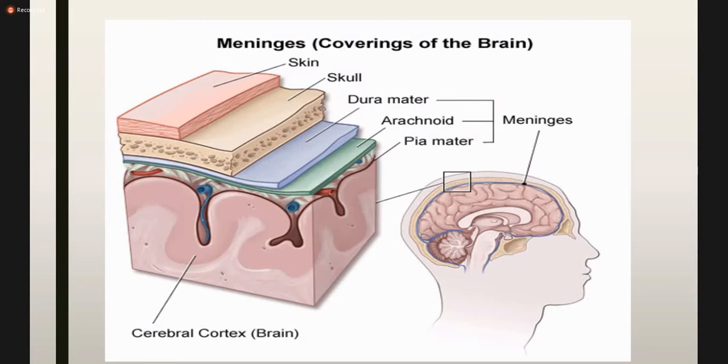These meninges are called leptomeninges, and from outward to inward they are the dura mater, this blue one, and then the arachnoid mater, and then the pia mater.